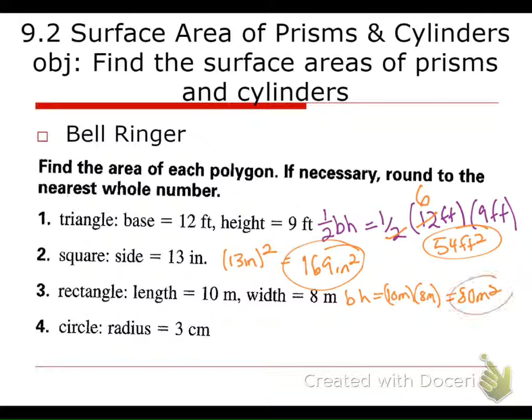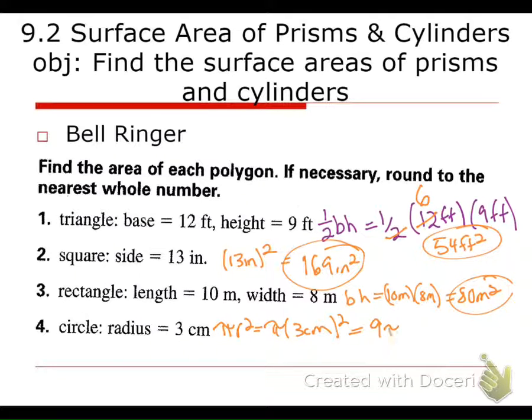Yep. And last but not least, we have a circle, which I think is probably the hardest formula for you to remember, but we've done a lot with it. What is the area of a circle? It is. It's pi r squared. So what is 3 squared?